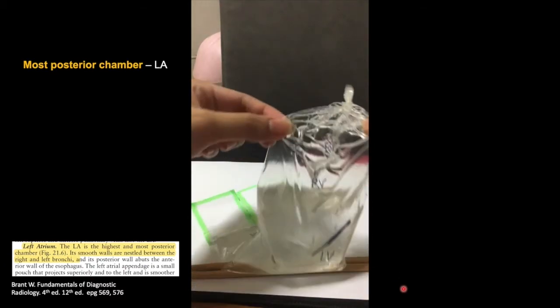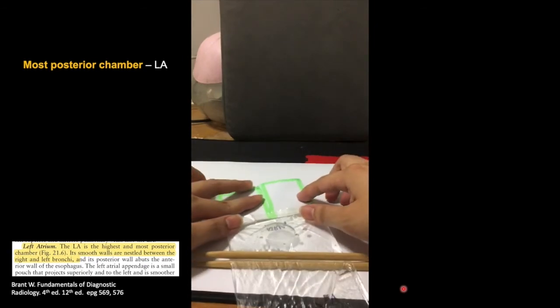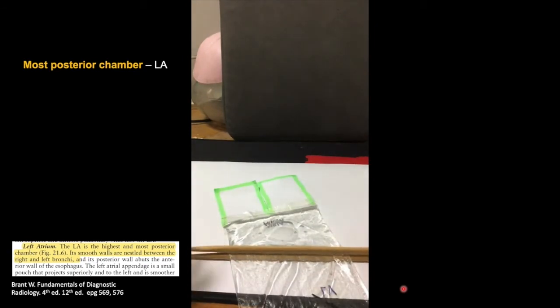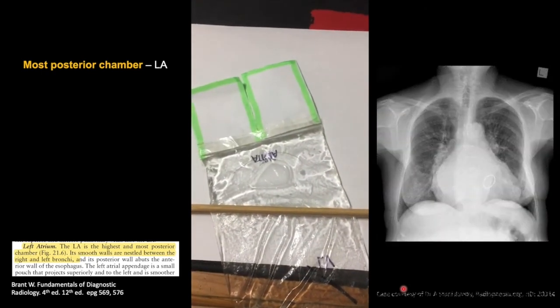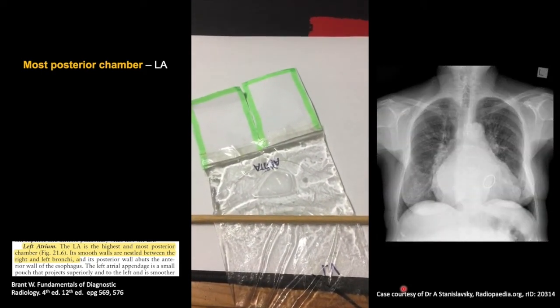Let's unfold the heart here, and we now see the atrium. So we have here the right atrium, this one is the left atrium. You can imagine here that since this is the right atrium forming the right cardiac border, this will be that structure on this X-ray.